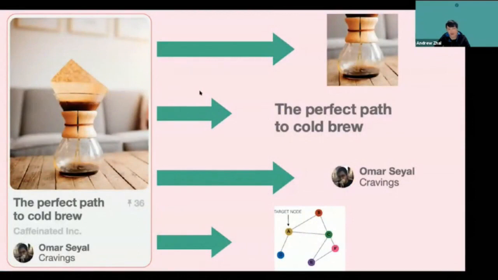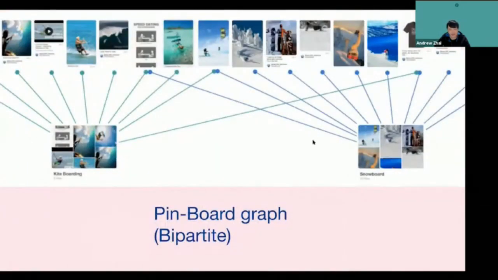Pins are our main content, and they have many components, the most important of which is the image or video. But we also have a title, the user that created the content, as well as this more indirect concept of a graph. One graph that we found to be very important at Pinterest is the pin board graph, where users have manually curated their boards. The power comes from different users putting the same content into different boards.